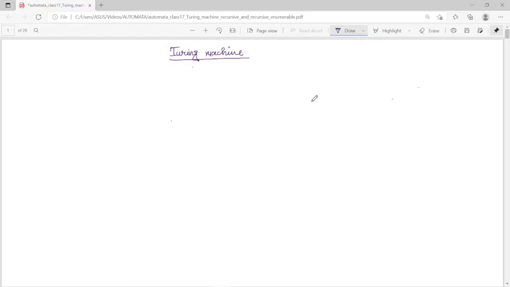Now, the question comes to our mind: a Turing machine which is designed for a to the power n b to the power n is not for doing a plus b.